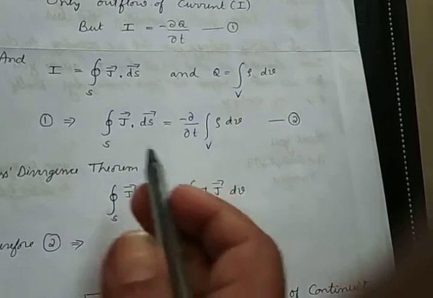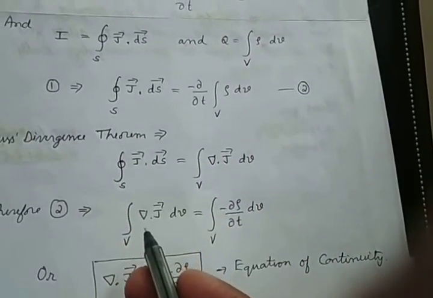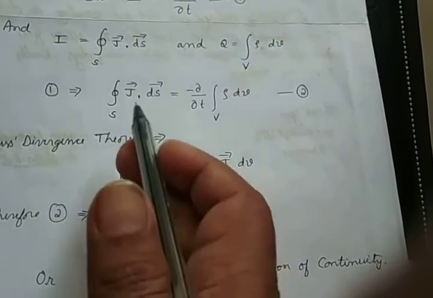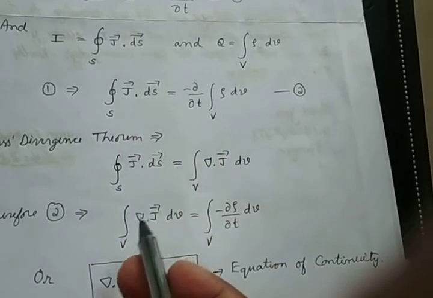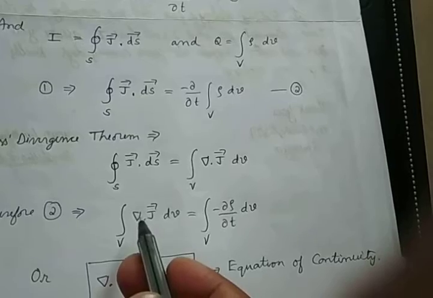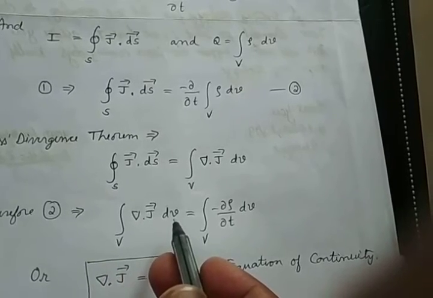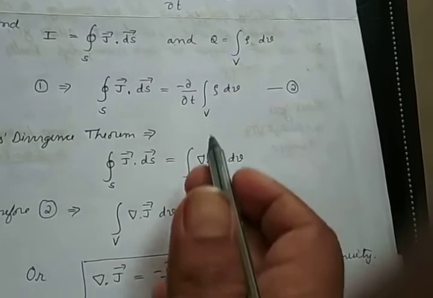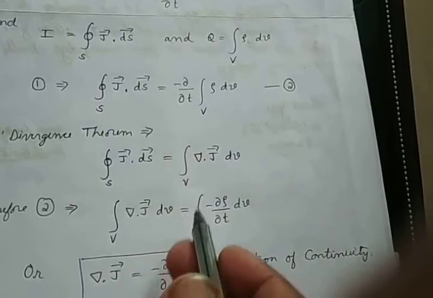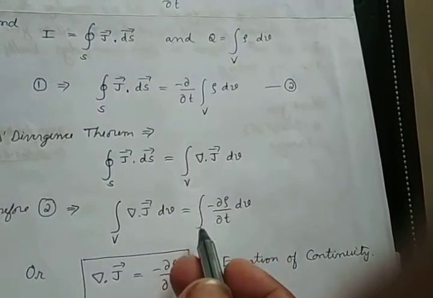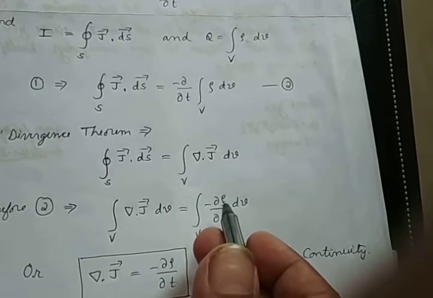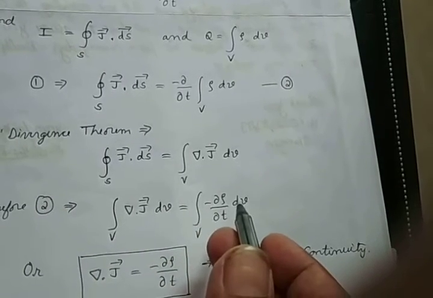So equation 2 can be written again: in place of the closed surface integral, the volume integral of divergence of J bar dV is equal to the volume integral of minus d rho by dt dV, where I take the derivative inside the integral.